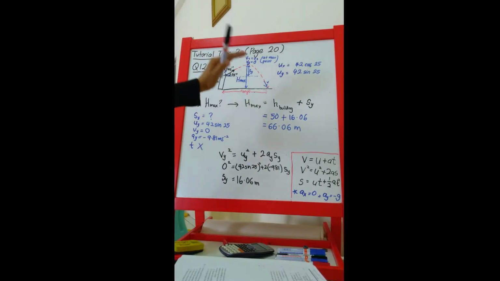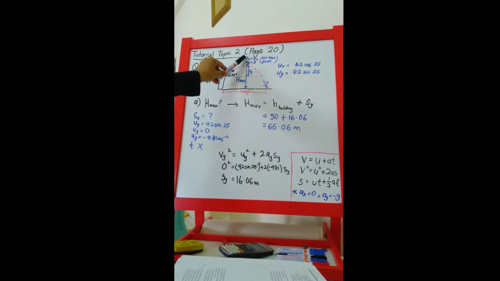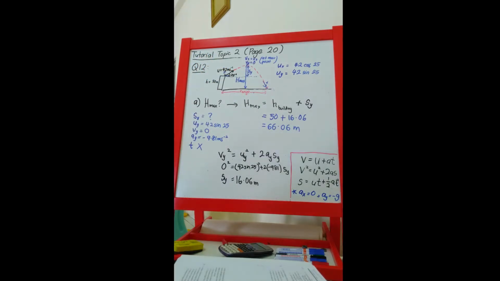But it's not the total v that is equal to 0, only the y component. Because it's going down. vx will always remain constant, so it will always equal the initial ux. ux here will be equal to vx here. So remember this part.